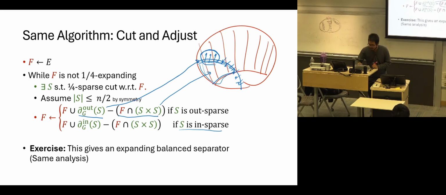And this new component is going to be less than half. So it's just the same algorithm really, a really natural generalization. You should try to convince yourself that this works. The same proof.